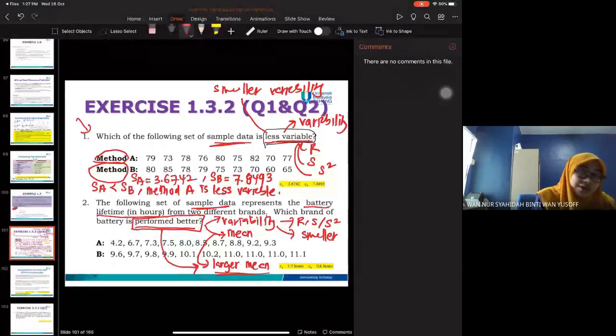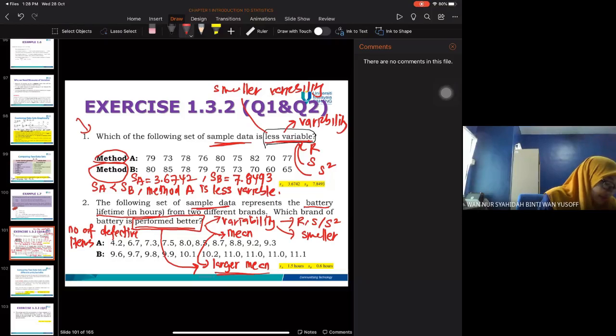Okay. For some variables, even though we have performed better, we need a smaller mean. For example, the data is about the number of defective items.